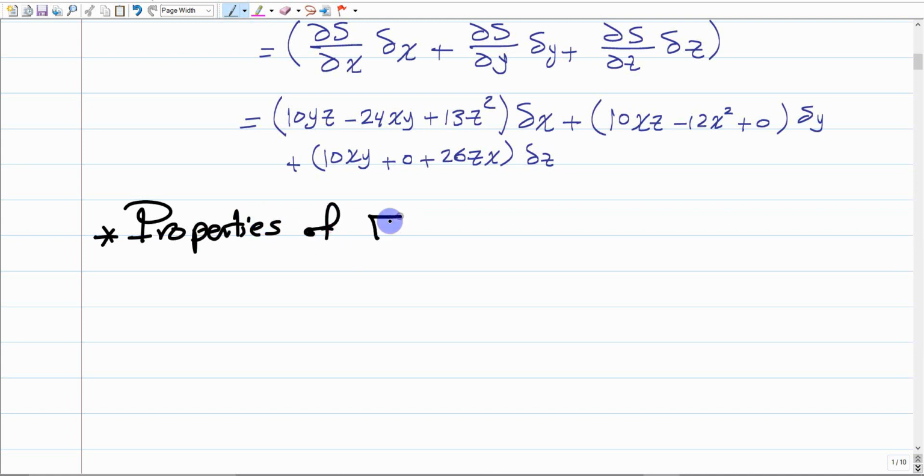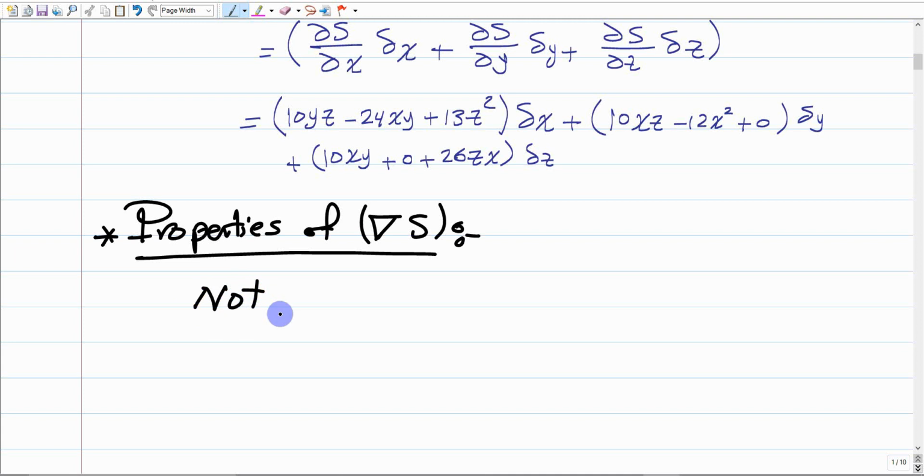First of all, the properties of the gradient of a scalar quantity. You should understand that it is not commutative. What does it mean? For example, if we have nabla S, what if we switch the positions, so instead of nabla S we have S nabla?